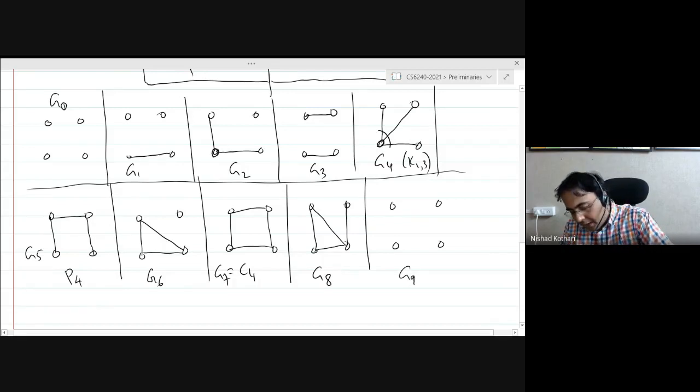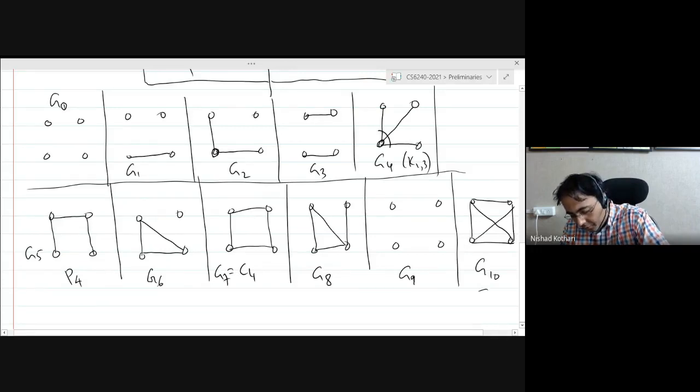But before we do that, I want to first jump the gun and go to 6 edges. Does everybody agree that 6 is the maximum number of possible edges? Right? We have 4 vertices, it's 4 choose 2. And this is clearly just one graph, which is called K4. Now, let's think about one lesser edge.